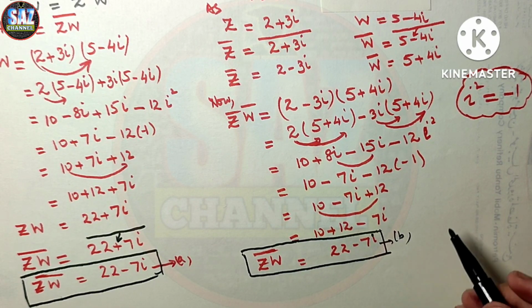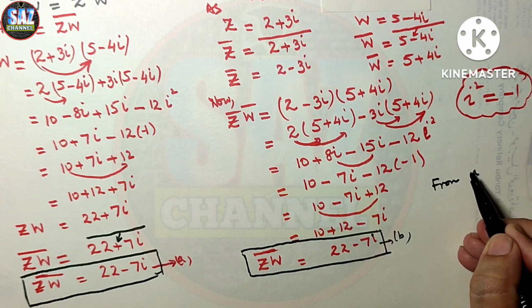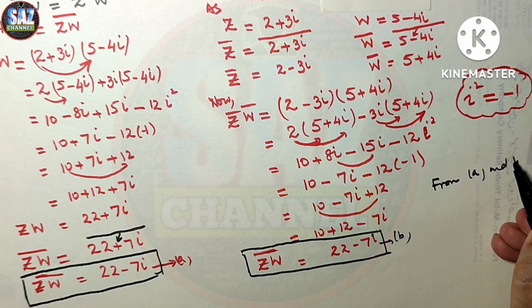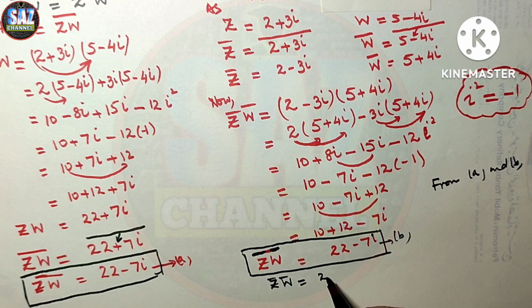B part. So, from A and B, Z bar multiplied by W bar equals 22 minus 7 iota.